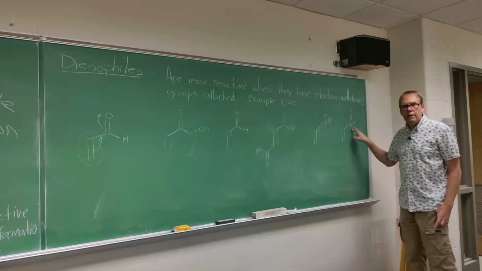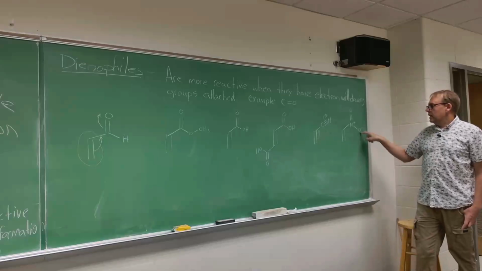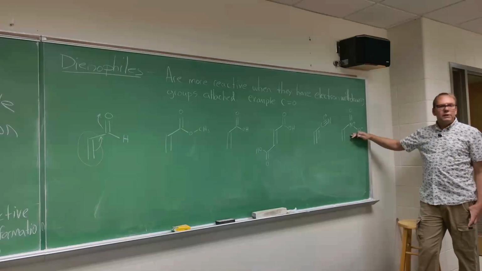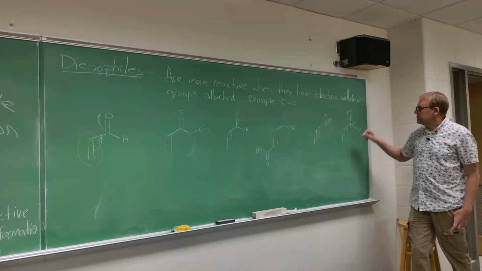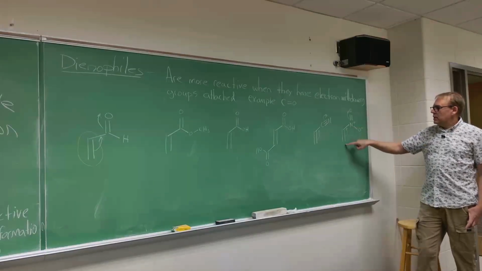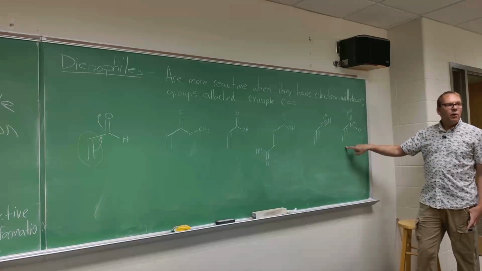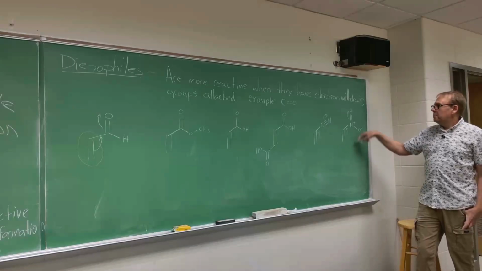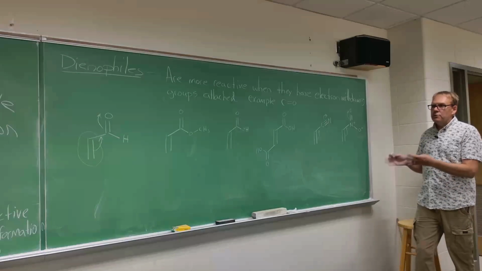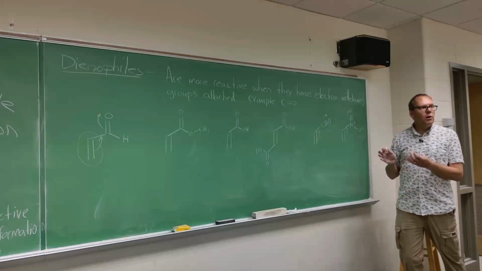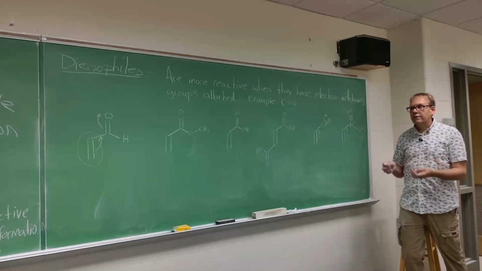So this group, the N with two O's in this Lewis structure, is called a nitro group. And the nitro group is a very powerful electron withdrawing group because it can withdraw electron density from the dienophile part, the carbon-carbon double bond, by sucking electron density out of it up onto its oxygen. So these are all examples of groups that would make the dienophile part more electron poor and more reactive.